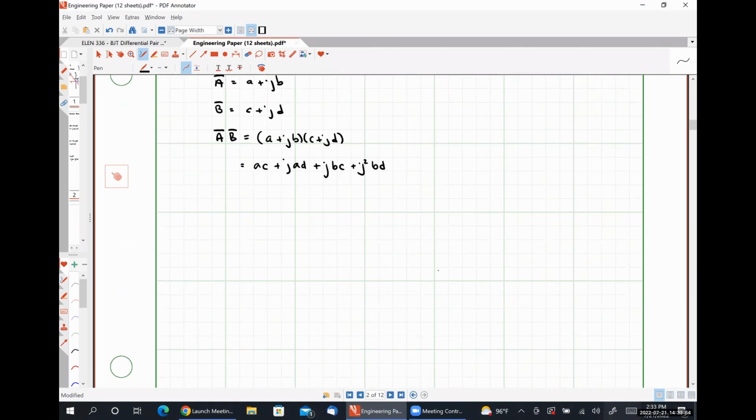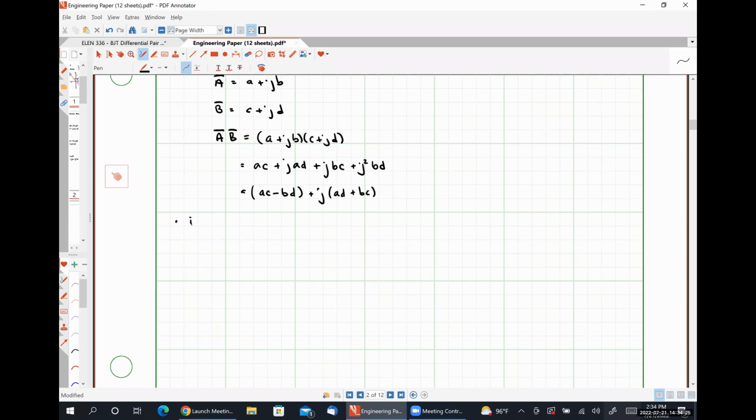So from that, we could write this as AC minus BD plus J times AD plus BC. That would be the result of the multiplication operation acting on rectangular form complex numbers.